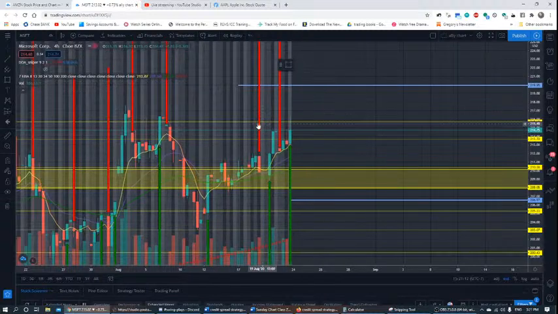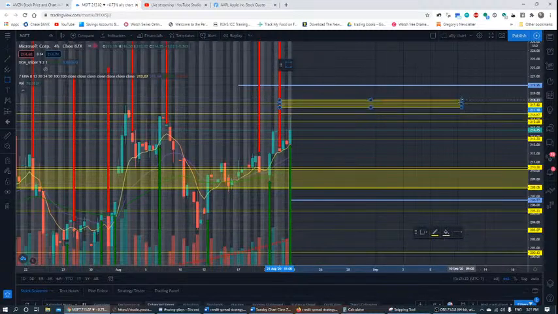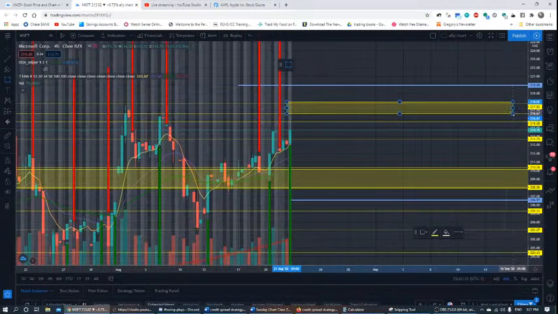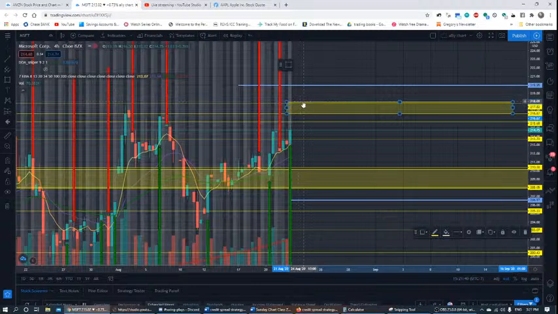Monday, I'm looking to target maybe this upper area. So I'm going to draw it out right here, and this is going to be my take profit area. You'll notice I make them tiny because I really want to hit those price targets that I have in my head.